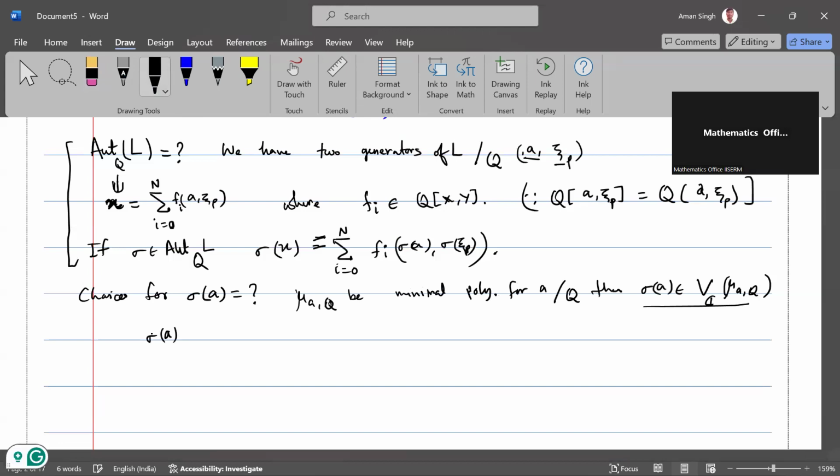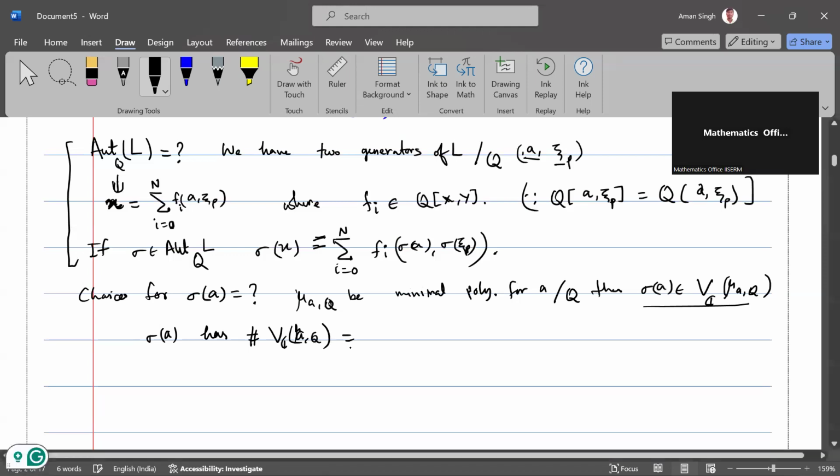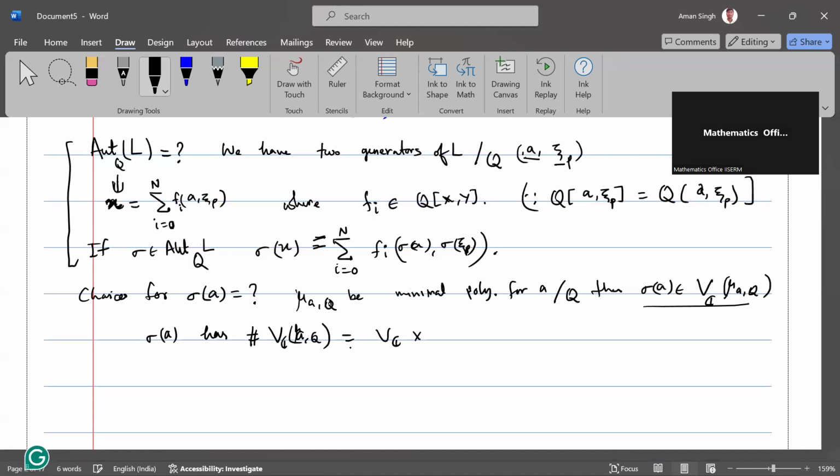Sigma of a has how many choices to go? The cardinality of V(mu_a over Q) is equal to that of x^p minus 2, which is our irreducible polynomial for a, so there are p choices to go.